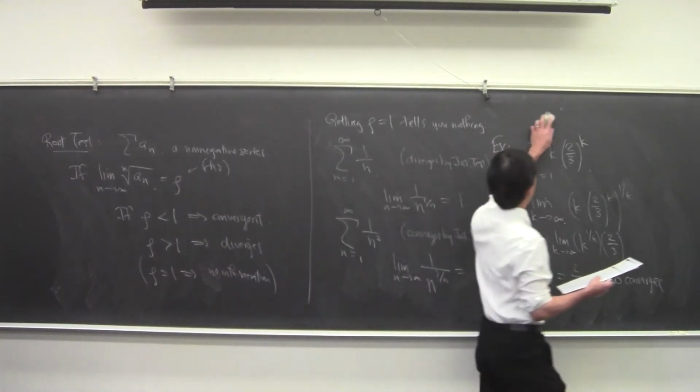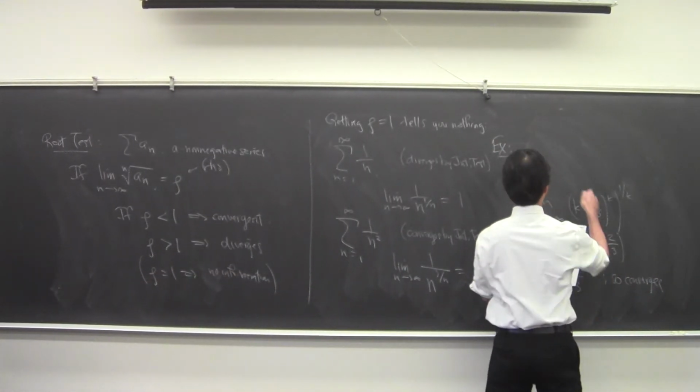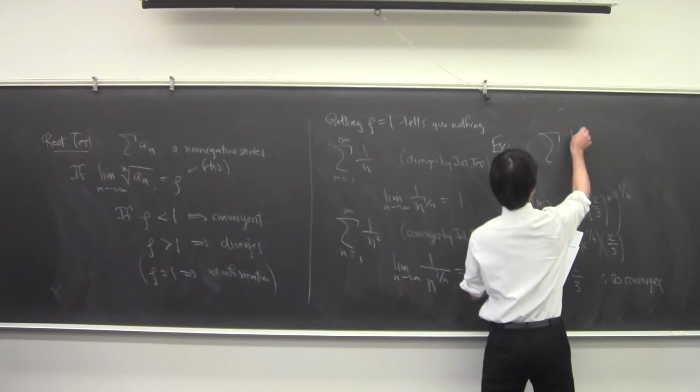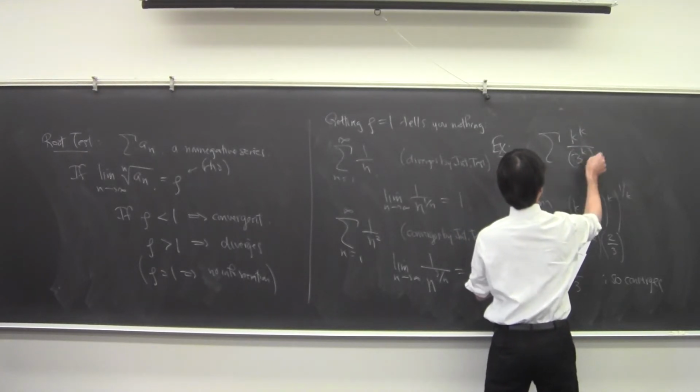Okay, one last example, one last exercise for you. Summation k to the k over 3 to the k squared.